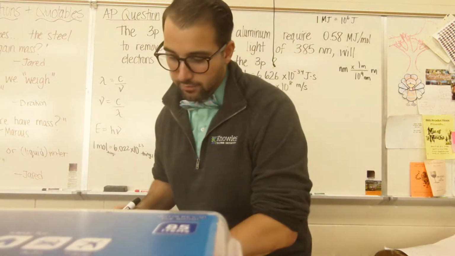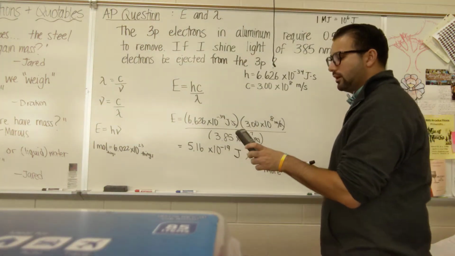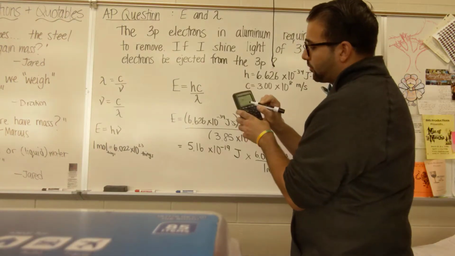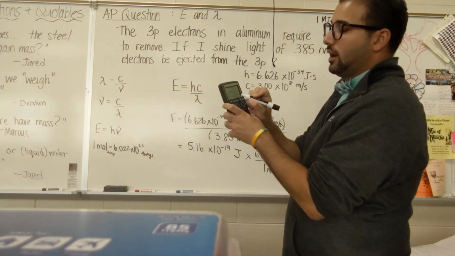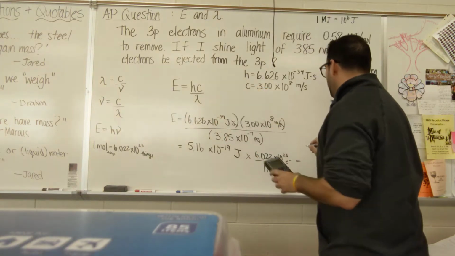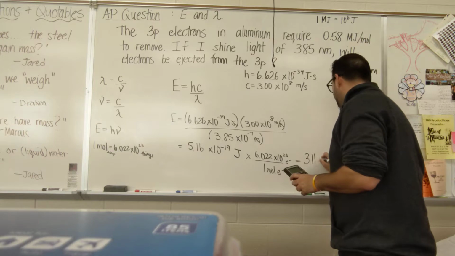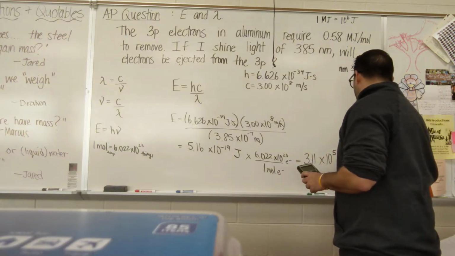That number I get is, and I'll do it on the calculator, 3.11 times 10 to the 5th joules per mole.